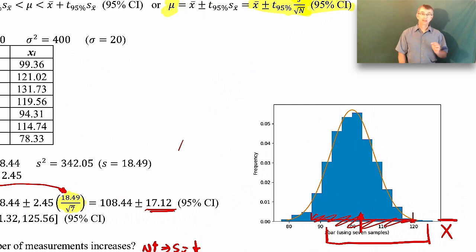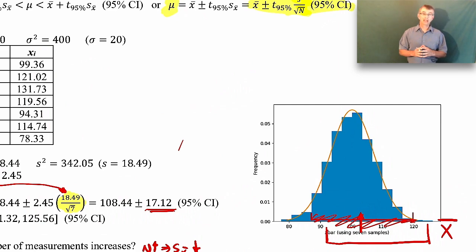If I made more measurements per trial, so instead of 7 measurements per trial, if I had 100 measurements per trial, the breadth of this curve would get smaller and smaller and smaller, because all of my sample means would approach one another, and they would all get closer and closer to the true mean in that case.